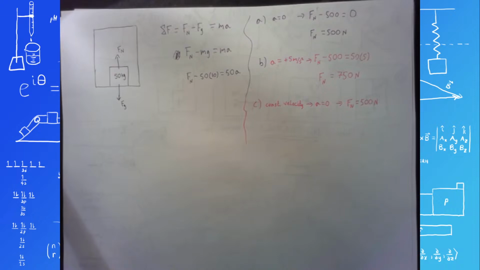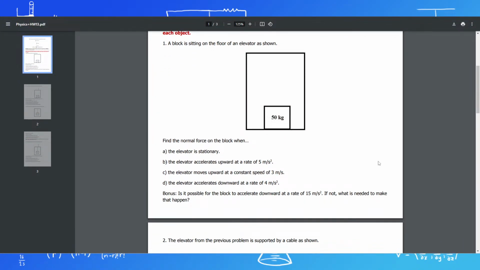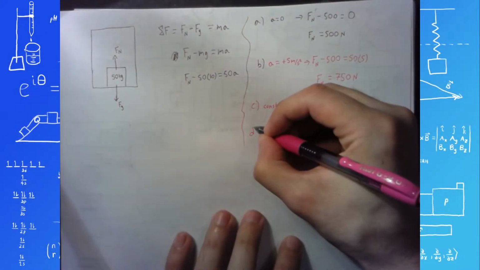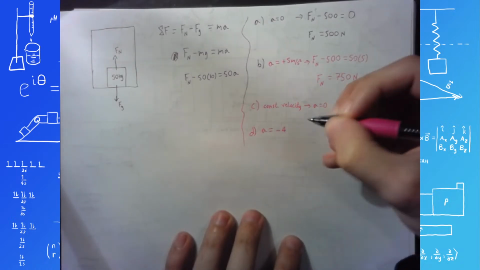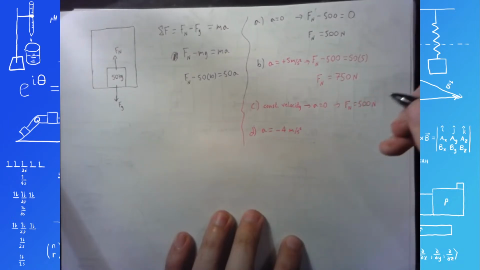Okay, and part D, the elevator accelerates down at a rate of 4 meters per second squared. Okay, down is going to be negative, so -4. So part D, I'm going to use acceleration equals -4 meters per second squared.